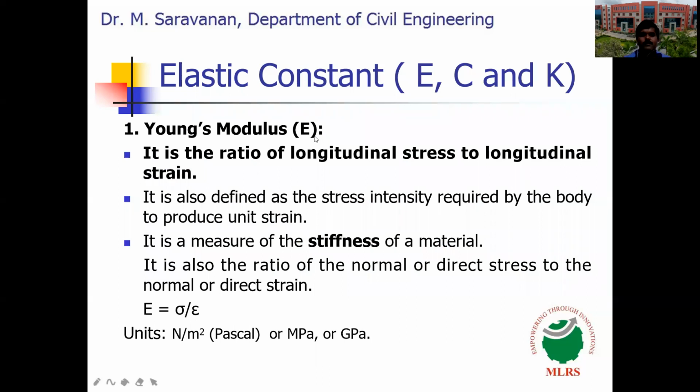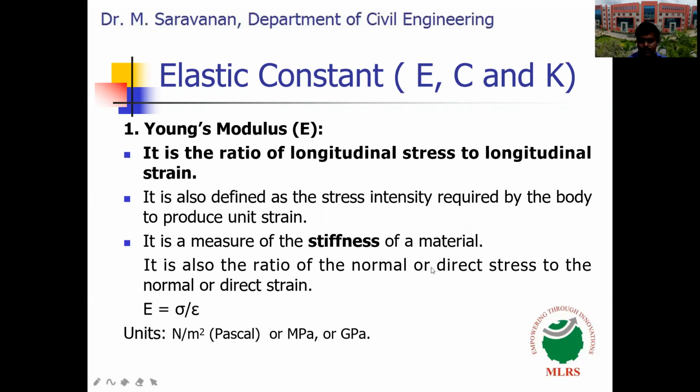Okay. Now we can see what is Young's modulus. It is a ratio of the longitudinal stress to the longitudinal strain. It is also defined as the stress intensity required by the body to produce the strain, stress by strain. It is a measure of the stiffness of the material. It is also the ratio of the normal or direct stress to the normal or direct strain.